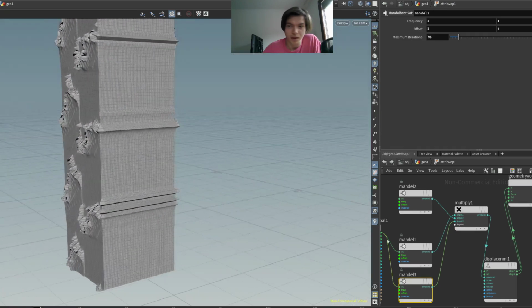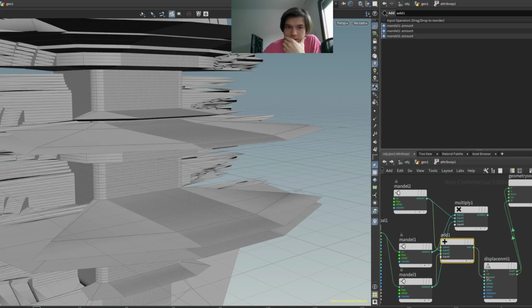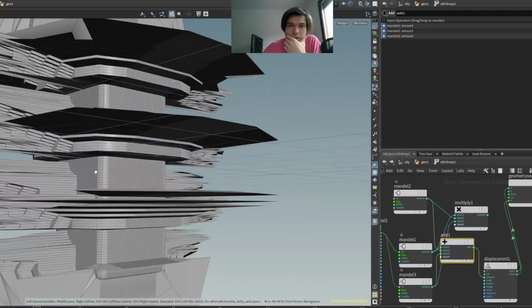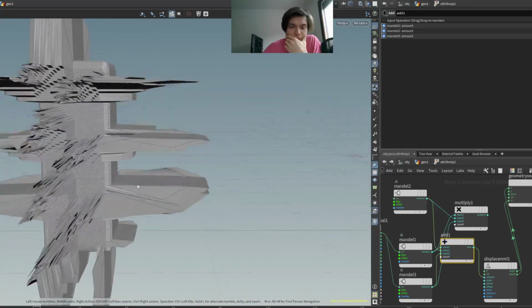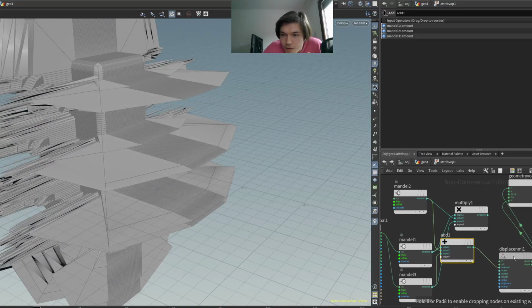Okay, multiply. What about add? Okay, this is creating that, which is also not too interesting.